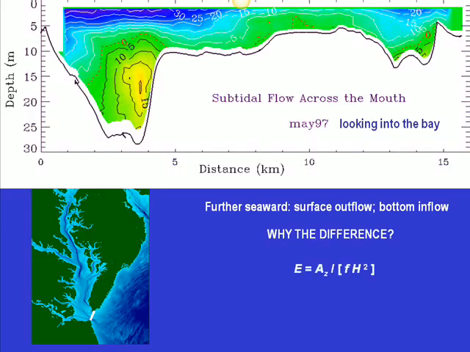Okay, so we can characterize the difference as a competition between what and what. What is this non-dimensional number? Can you tell what that non-dimensional number is? Eddy viscosity versus Coriolis and depth. So you're comparing what versus what?